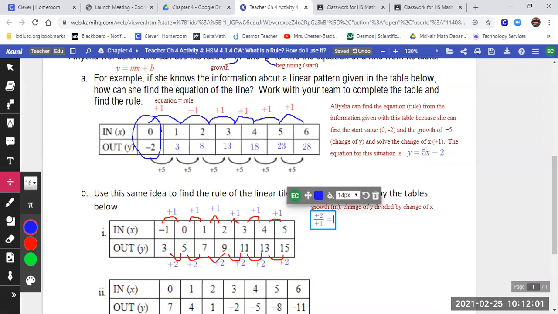What's this equal? +2 divided by +1, what does it equal? +2. So we have the m. Now we have to go find the beginning. So we look at our table. Where is our table beginning?